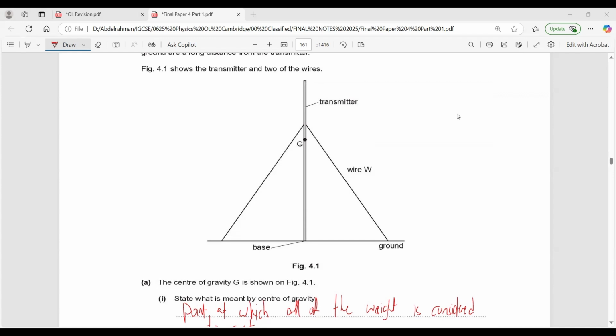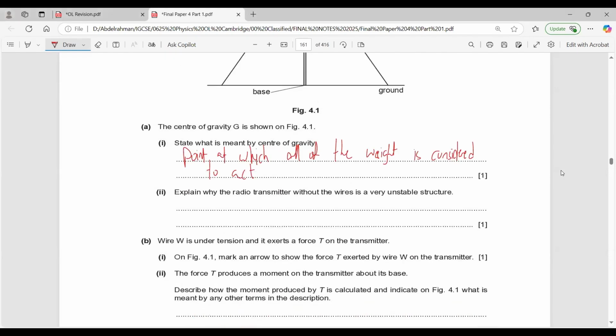The width of its base is very, very small. It could tilt very easily.